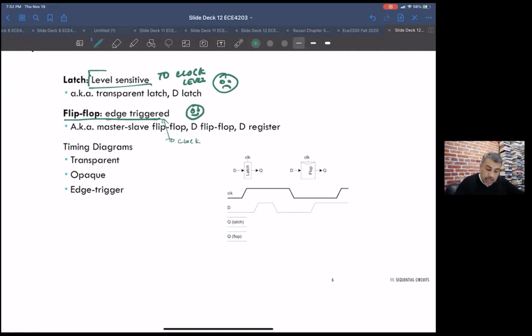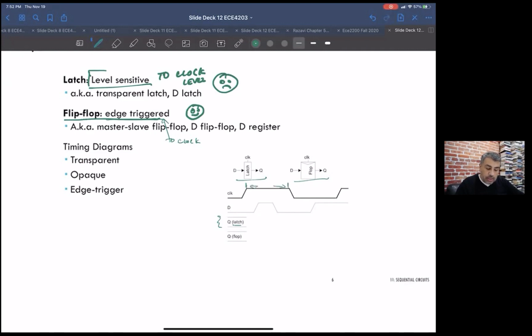So let's see what happens. We have a latch here and a flip-flop, we have a clock, and we have a D input going to both. Let's first see what happens at the latch output, which is here. We said the latch is level sensitive. Let's say this latch is high level sensitive, so it'll pass anything that happens during this high transition to its output.